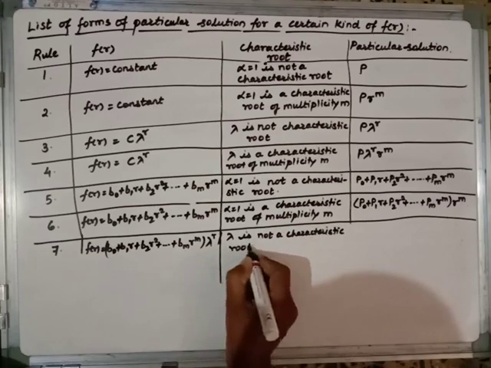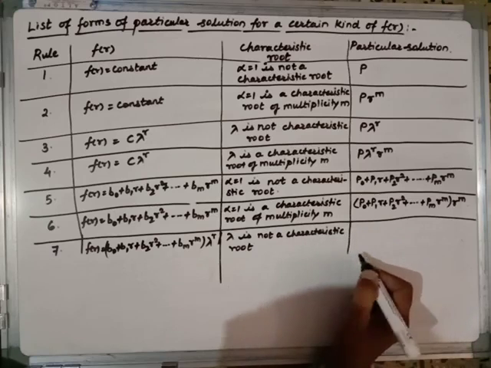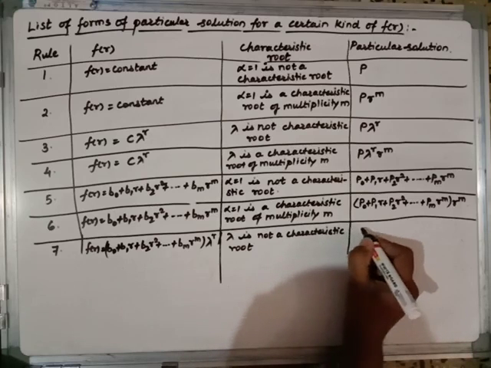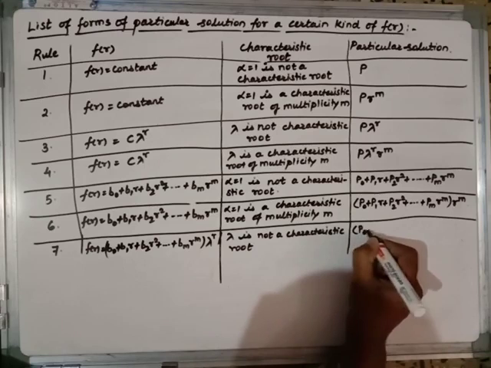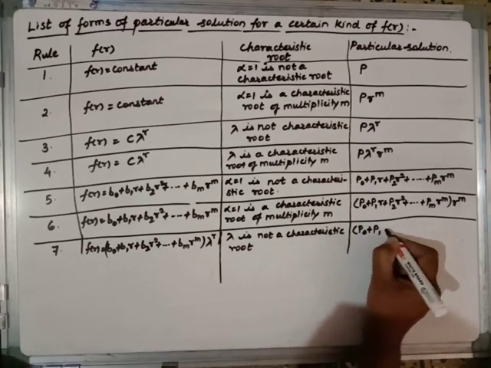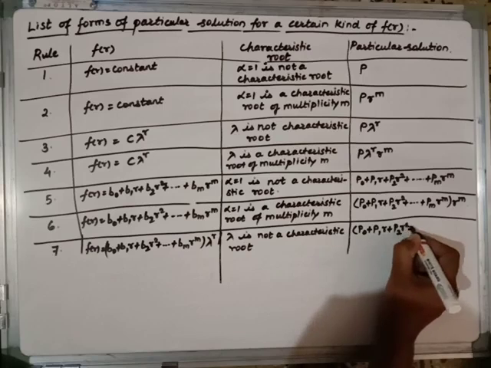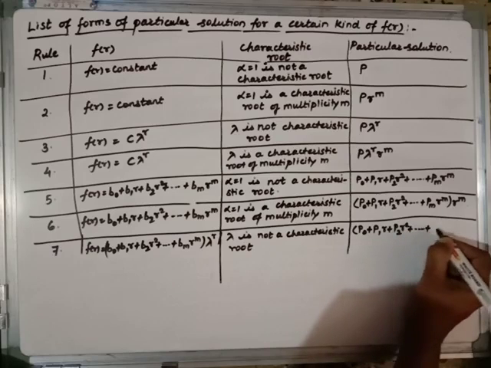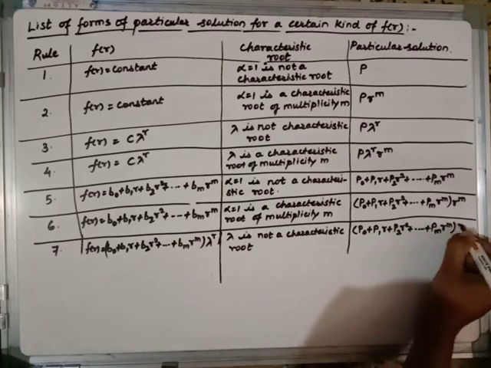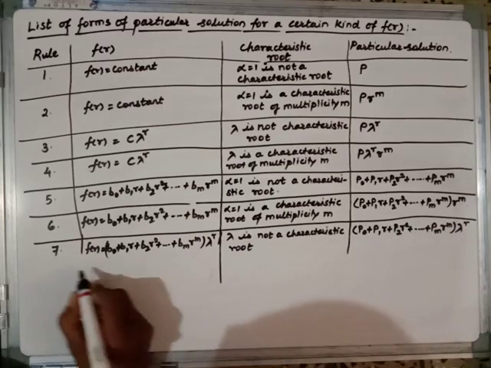Lambda is not a characteristic root. Therefore, the particular solution is p0 plus p1r plus p2r square plus so on up to pm r raised to m, into lambda raised to r.